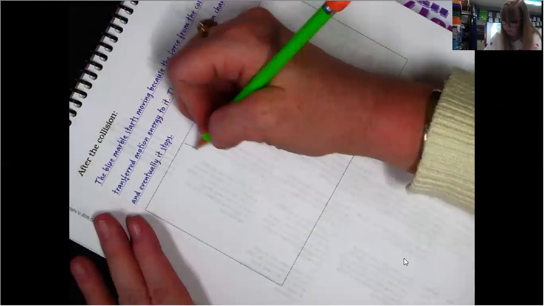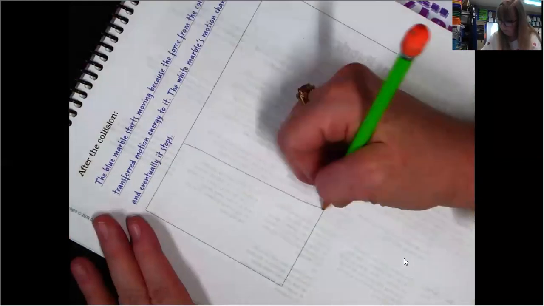I'm going to do a drawing for my sake, and I'm going to turn it sideways. Before collision. Let me get my blue colored pencil. Of course, I grabbed the purple because, you know, Murphy's law dictates I'm going to grab the wrong one.